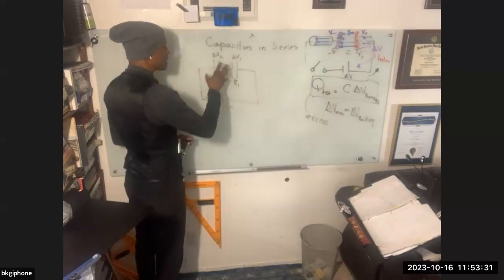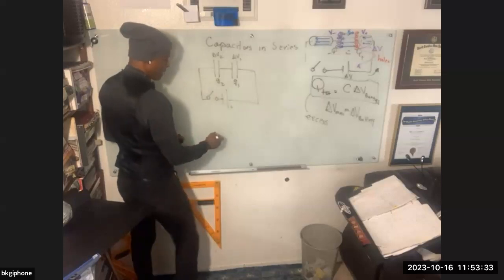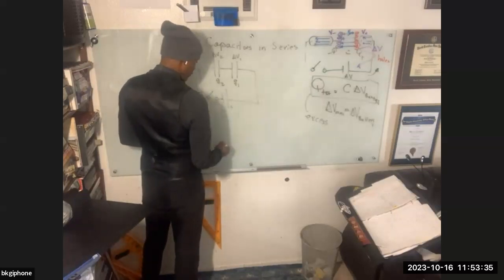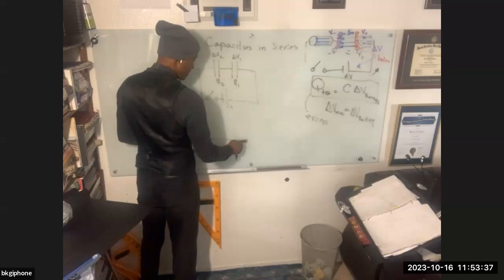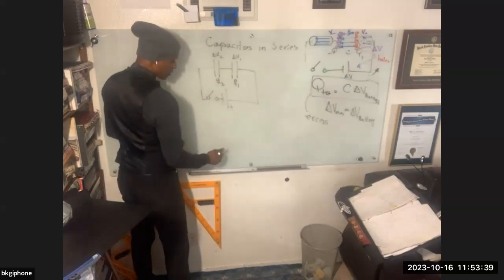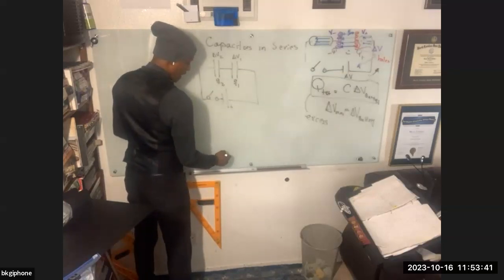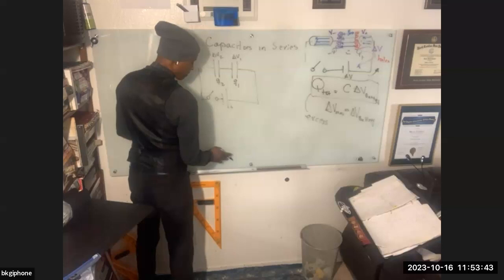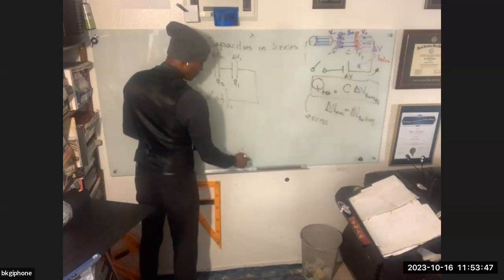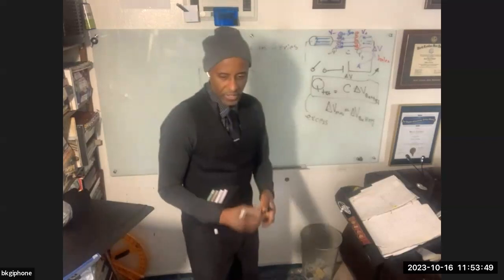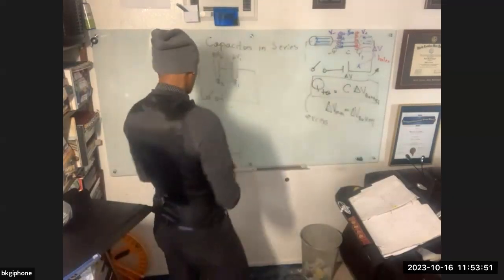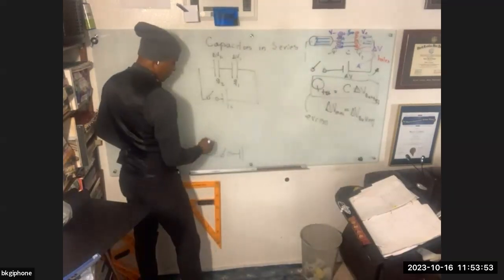In other words, if I were to take these two capacitors out of the circuit and replace them with that guy, which we will call an equivalent capacitance, what is the relationship between the equivalent capacitor and the capacitance 1 and 2? That's what we're doing when we're finding these equations. It's just an equivalent relationship.